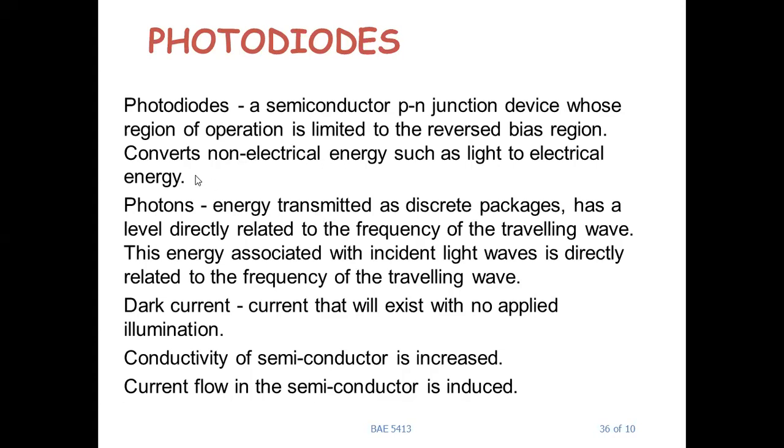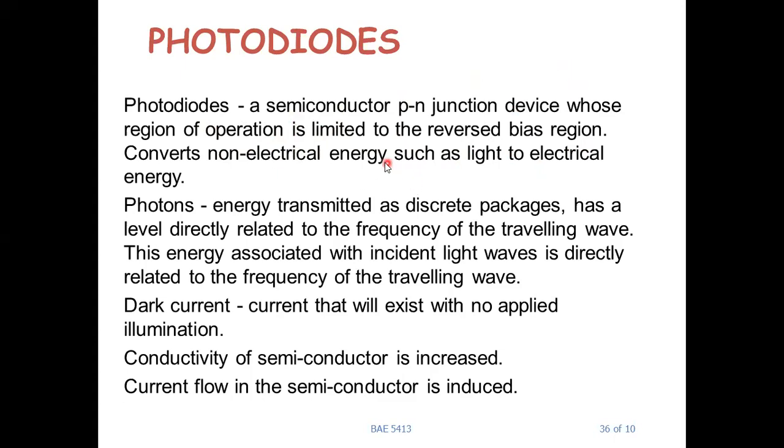Okay. The photodiode is a semiconductor PN junction device whose region of operation is limited to the reverse bias region. How did a normal PN junction diode operate? It operates under forward bias; in forward bias, conduction happened.